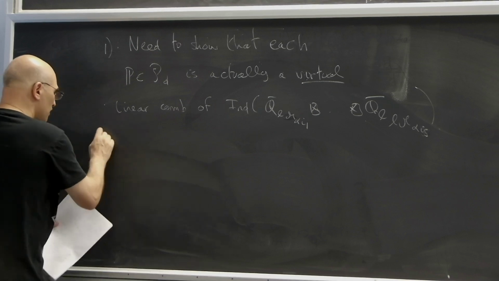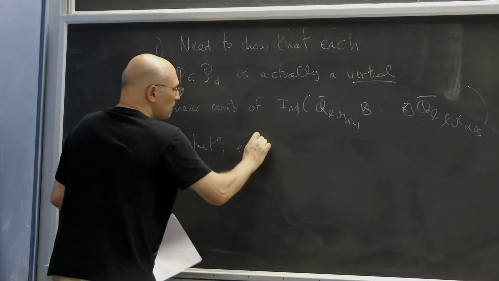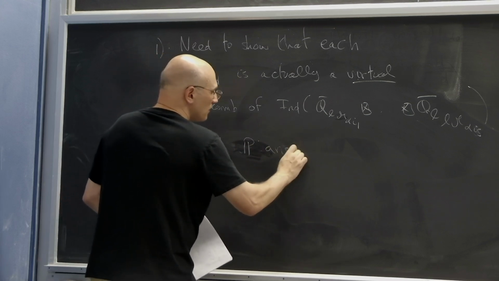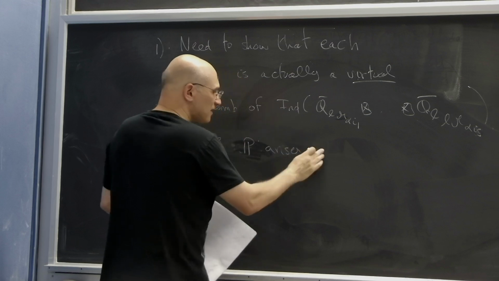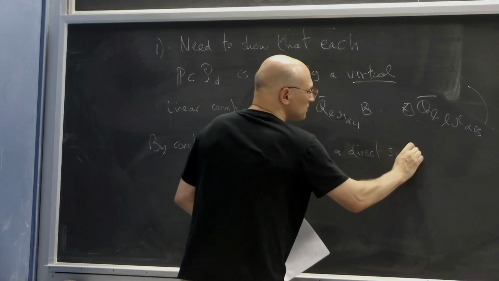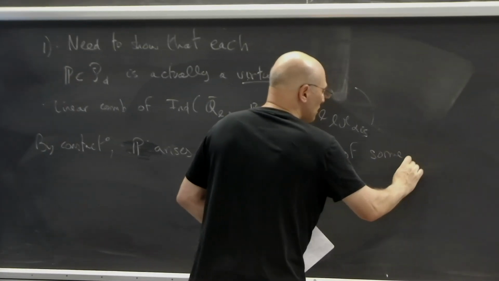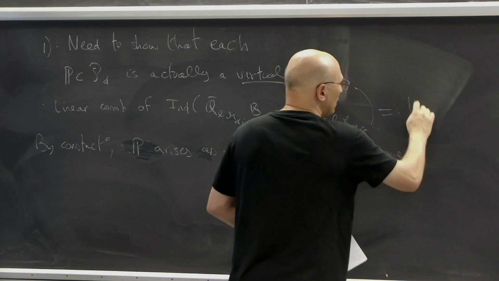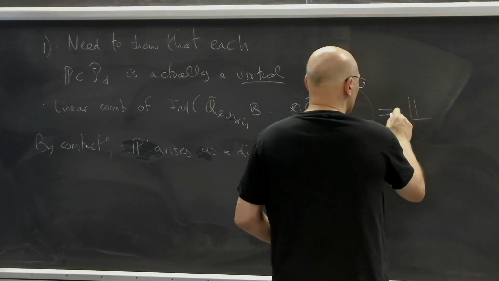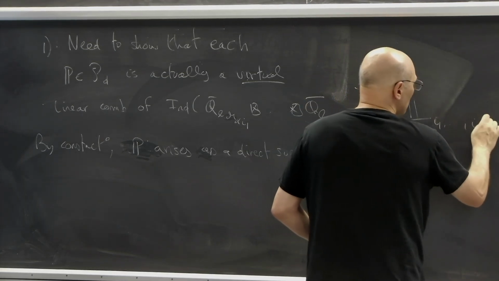Okay, by definition, by construction, P arises as a direct summand of some, let's call this L for Lustig, and next time L for Le Mans, let's call this L for Lustig for the moment, I1 ... IS.